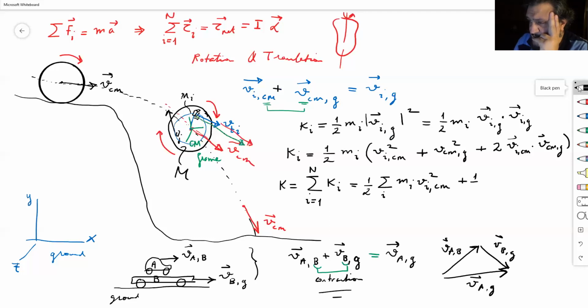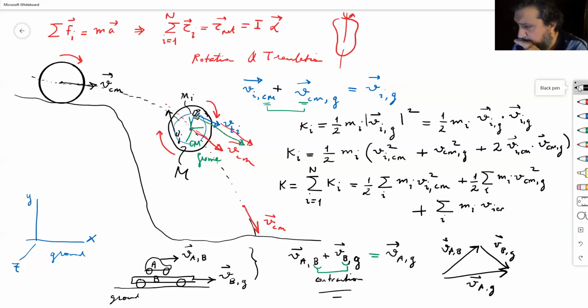Plus 1/2 summation over i of m_i v_cm,g squared. Plus there's 1/2 here, there's 2, so we get rid of those, and then summing over i, m_i v_i,cm dot v_cm,g. Okay, so 3 terms.